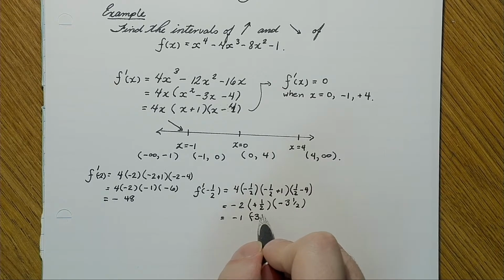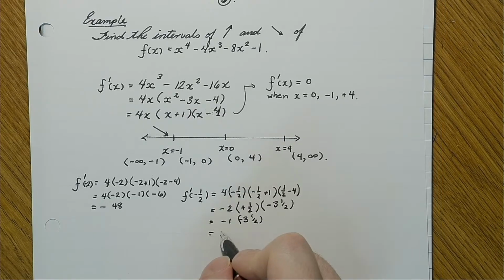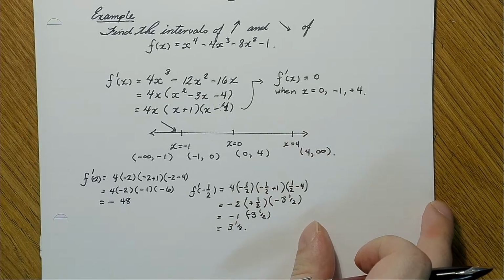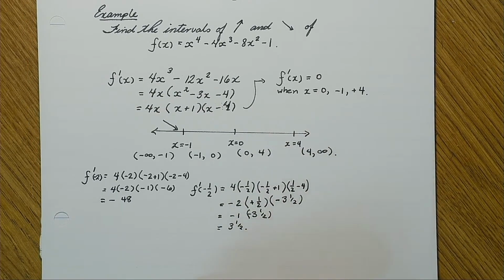Still I get minus 3 halves, and then 3 halves. 4.5. Did I mess up? It's negative a half.